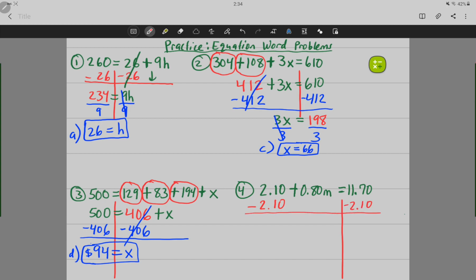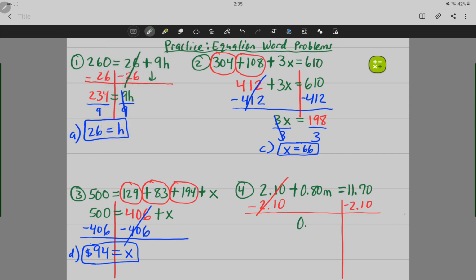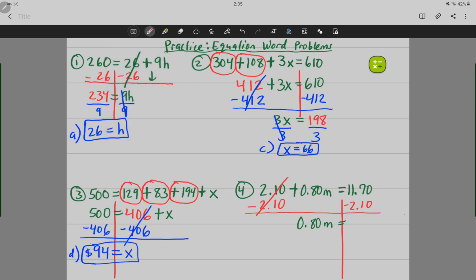Let's do that. $2.10 minus itself is 0. Let's cancel that. Bring down our 80 cents M, 0.80 M, and equals. And now 11.70 minus 2.10 is going to be $9.60.